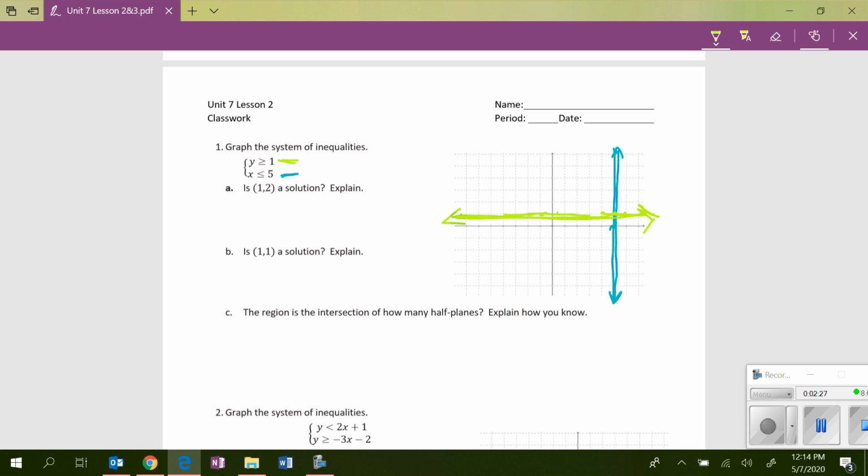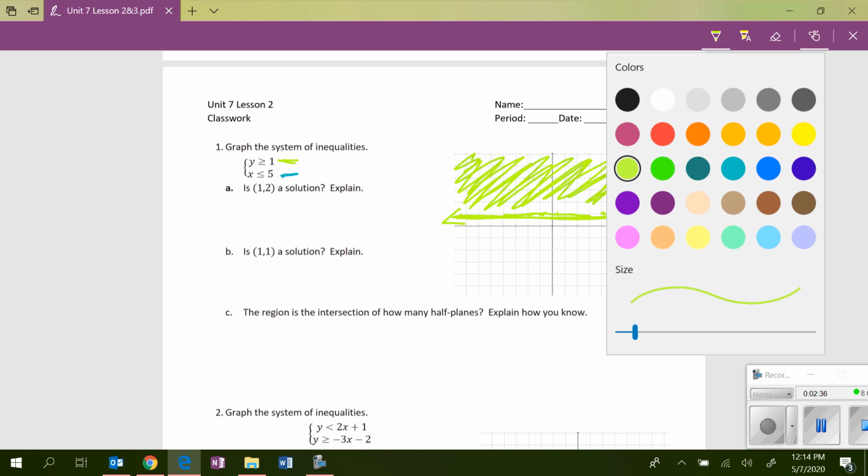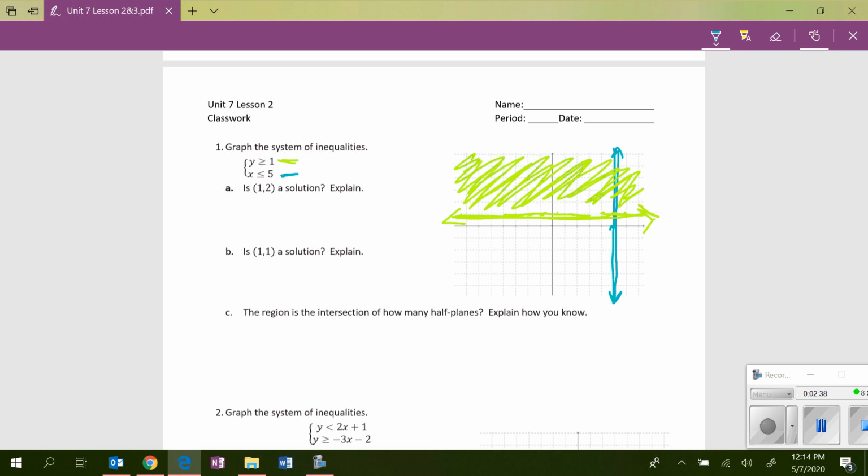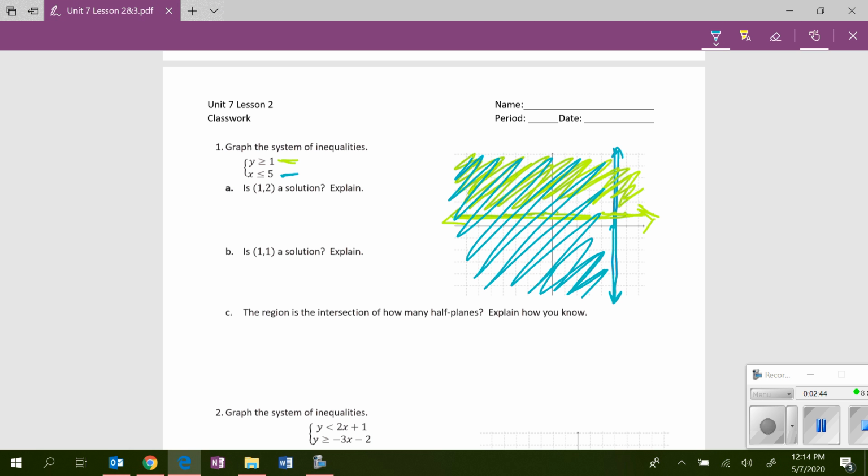And if y is greater than or equal to 1, that means it's everything above the line, because that's where it's going to be greater than 1. And x being less than or equal to 5, that means it's everything to the left, because that's where x is less than. So that's my graph.